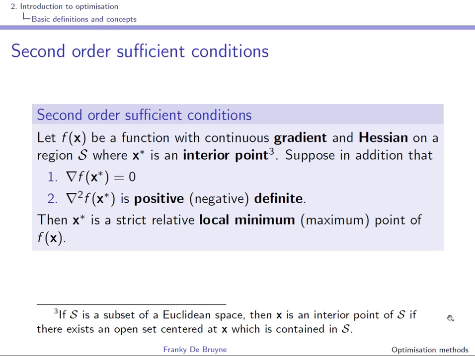Note that these conditions are sufficient conditions. They are not necessary and sufficient conditions, which means that you can have situations where these conditions are not met and you still have a local minimum.